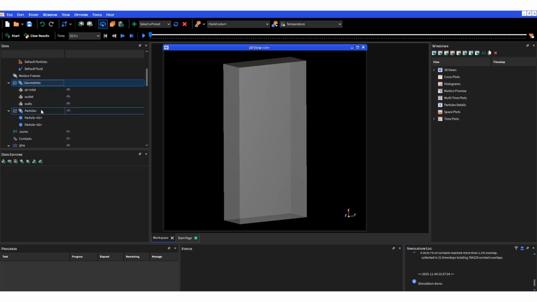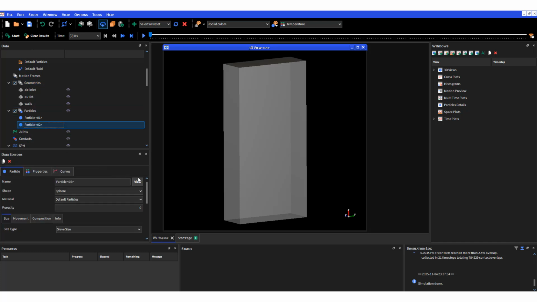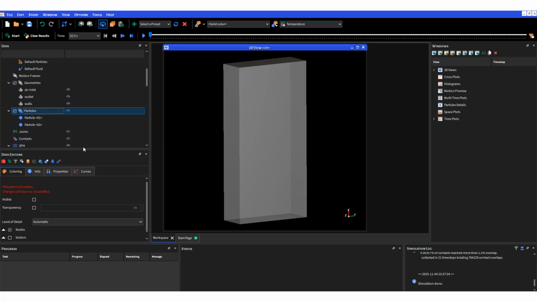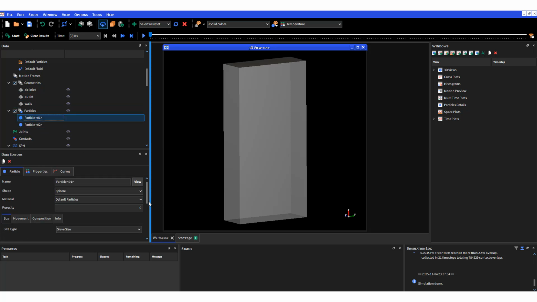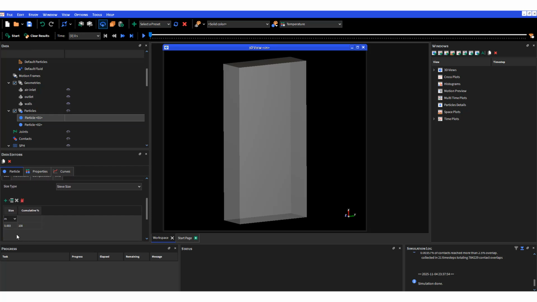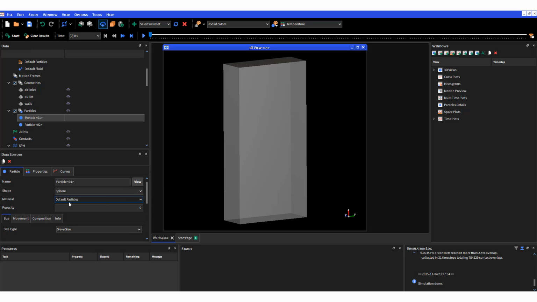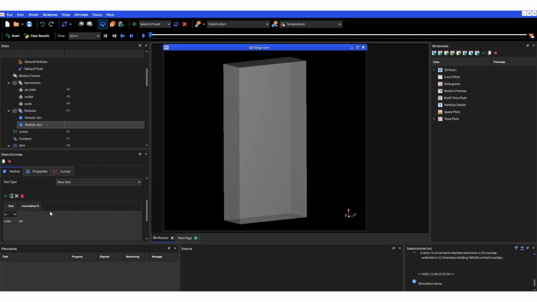For particles, we have two particle sizes. Particle 1 is 3 millimeters in size, and we use the default particle material, and particle 2 is the same material but bigger, 4 millimeters.